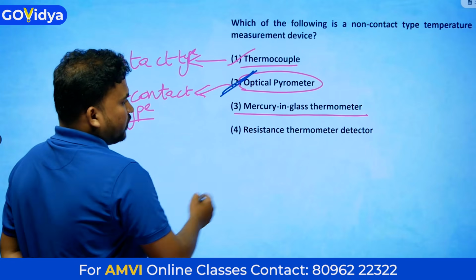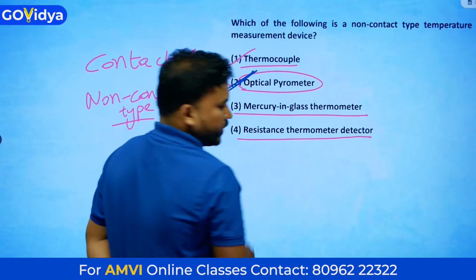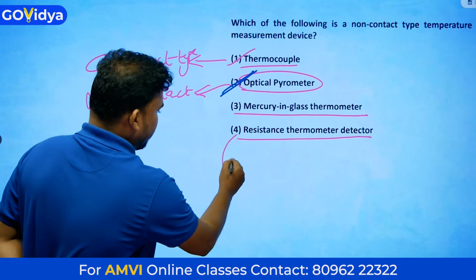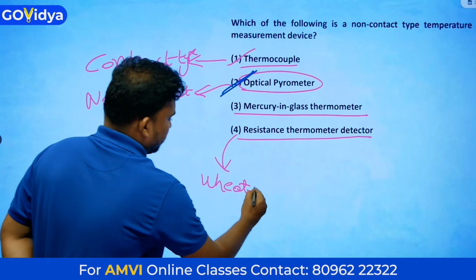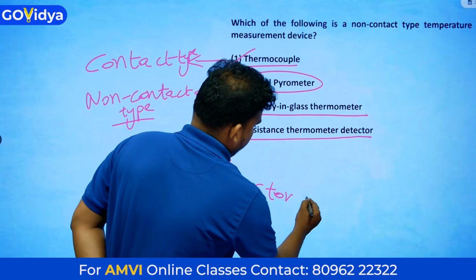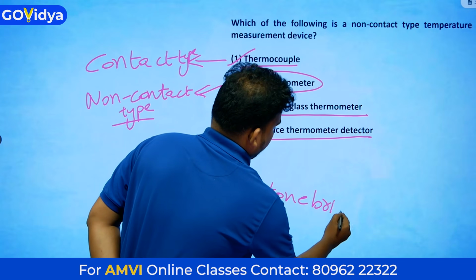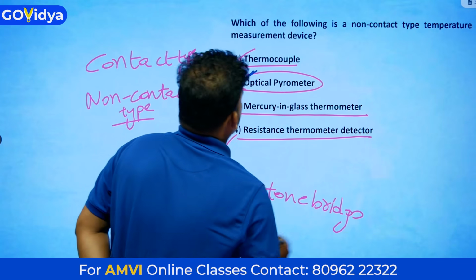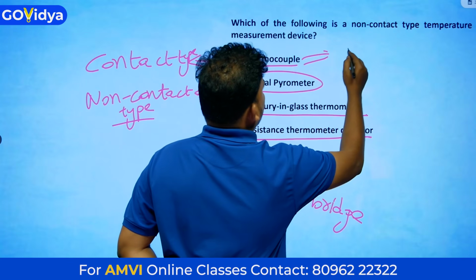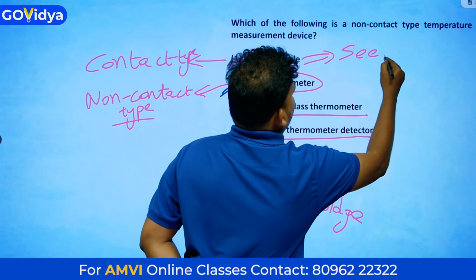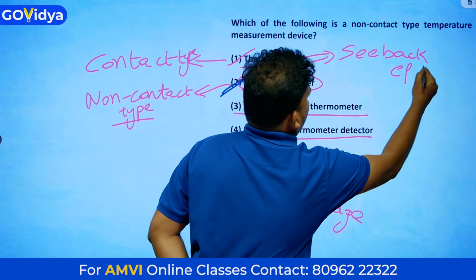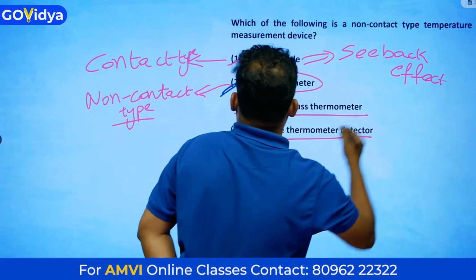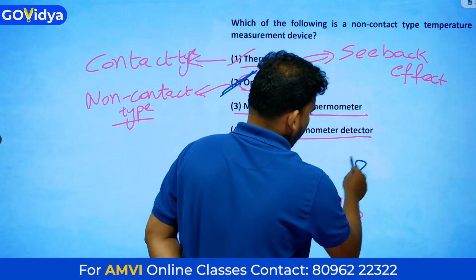Resistance thermometer detector, which is also contact type. So actually, it is working on the Wheatstone bridge, right? Wheatstone bridge. The thermocouple works on the Seebeck effect. So your option is 2. 2 is the answer.